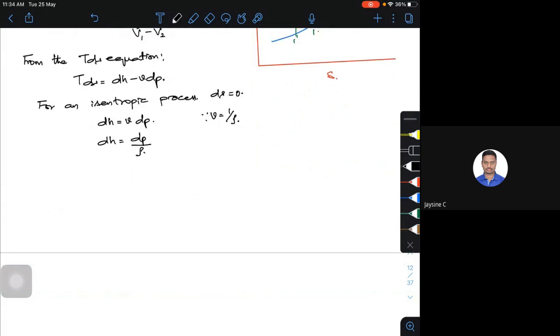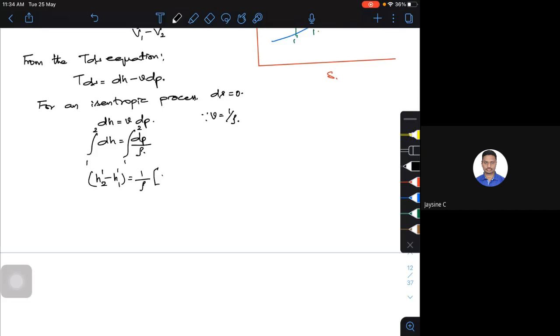If I integrate this from 1 to 2, it's isentropic, so this is 1 dash actually. So this will become h2 minus h1 dash, divided by 1 by rho, which is constant.